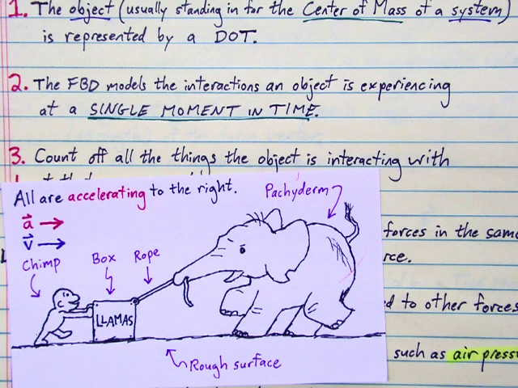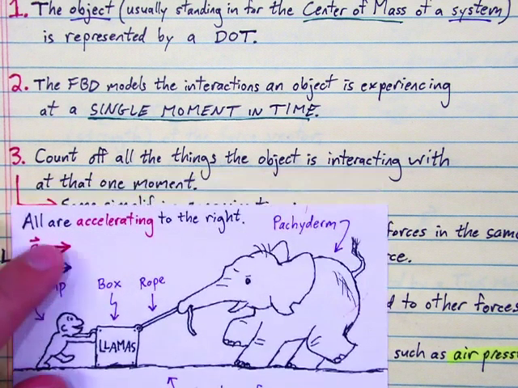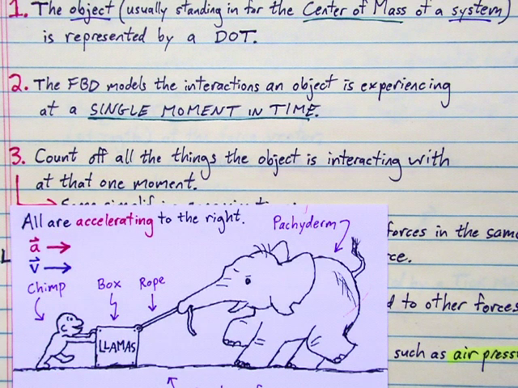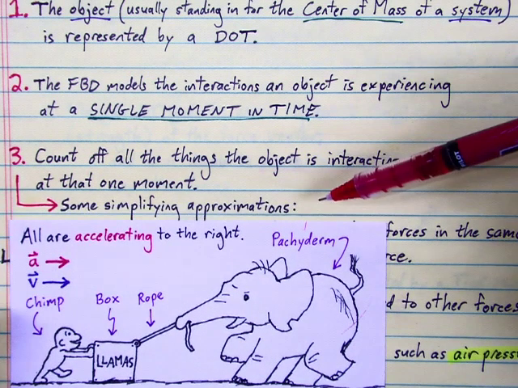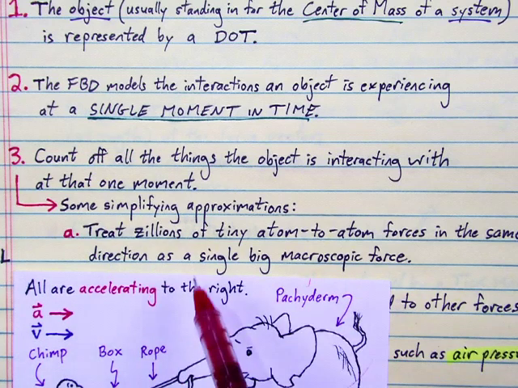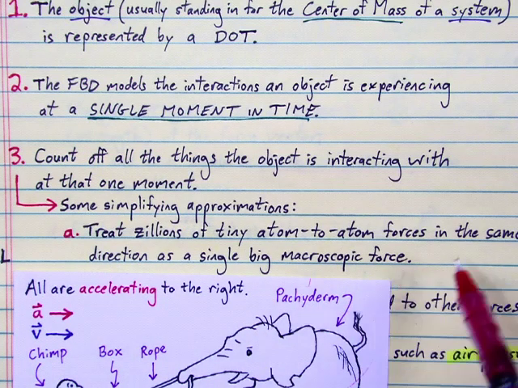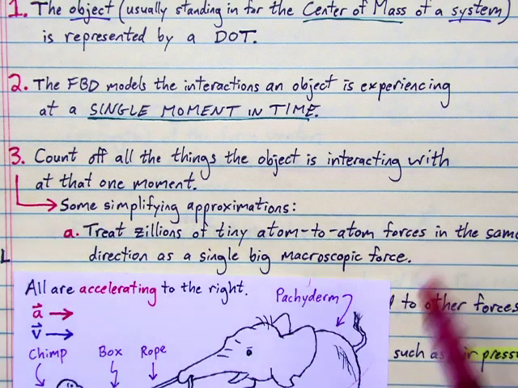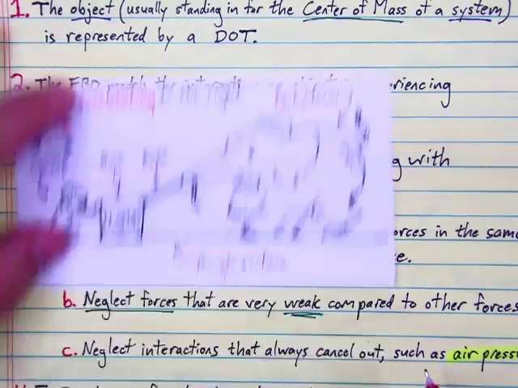So we need a simplifying model. When modeling a set of interactions, we may compare their magnitudes and directions to make some simplifying approximations. Here those are. A. Treat zillions of tiny atom-to-atom forces in the same direction as a single big macroscopic force.